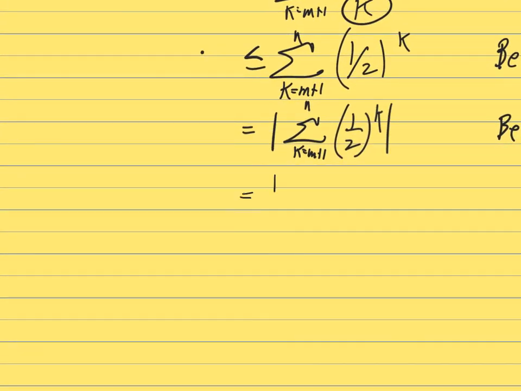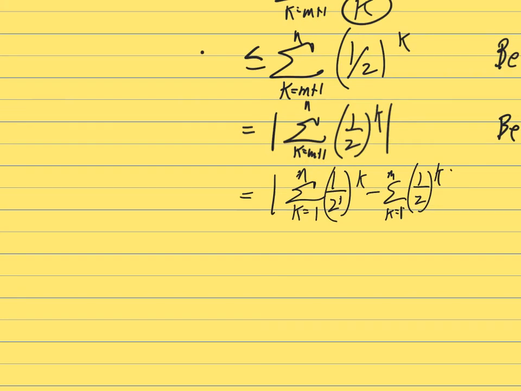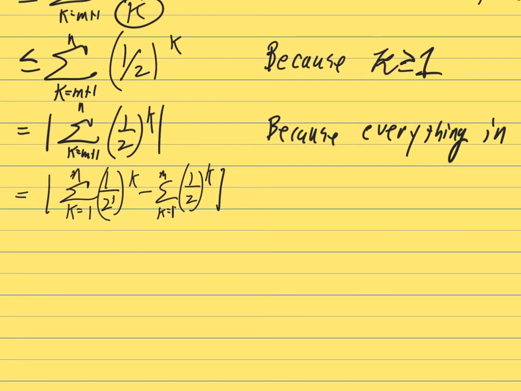That is the same thing as the sum from k equals 1 to n of 1 over 2 to the k minus the sum from k equals 1 to m of 1 over 2 to the k, by adding in some canceling terms.